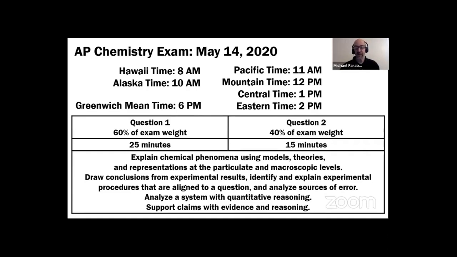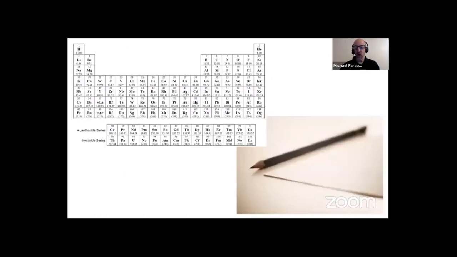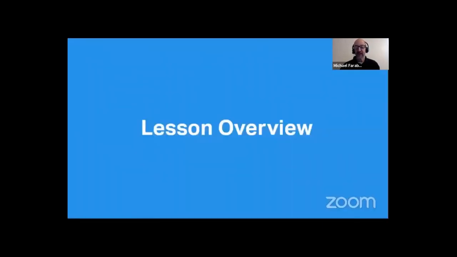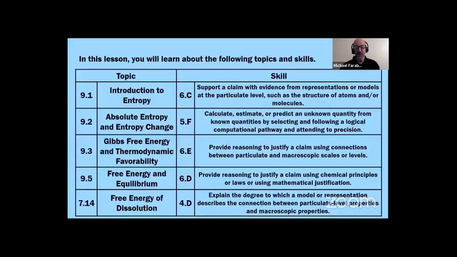So let's get into our lesson for today. Hopefully you have access to a periodic table, scratch paper, something to write with. We'll talk about in Unit 9, entropy, Gibbs free energy, thermodynamic favorability, and the connection between free energy and equilibrium and dissolution. And you can see not only the topics here, but also the skills and science practices.